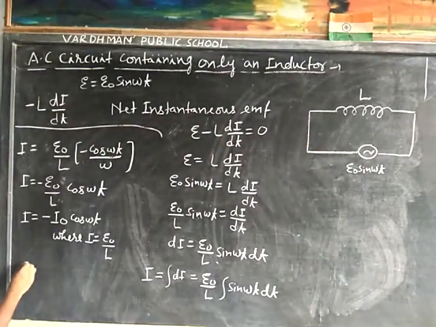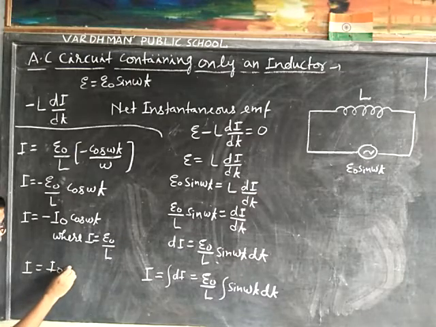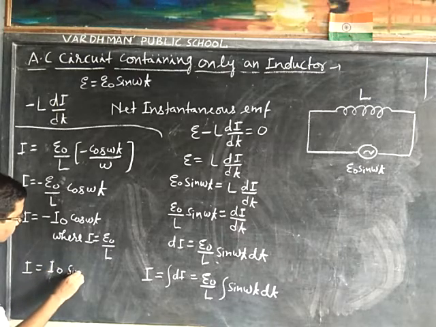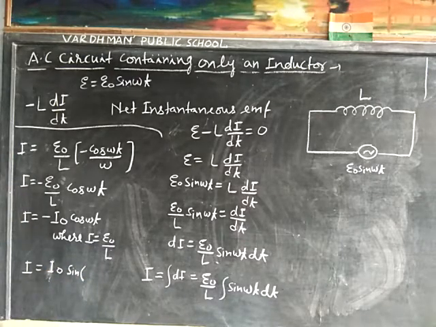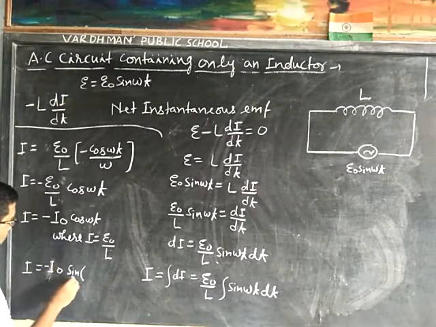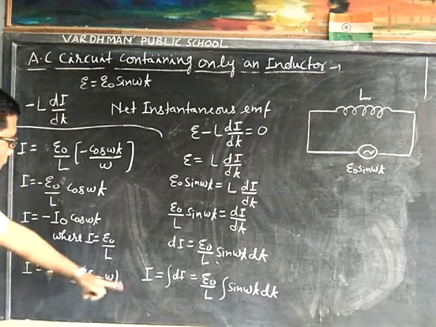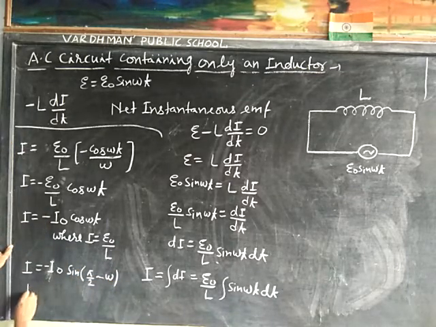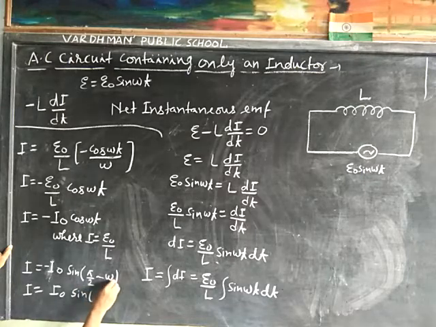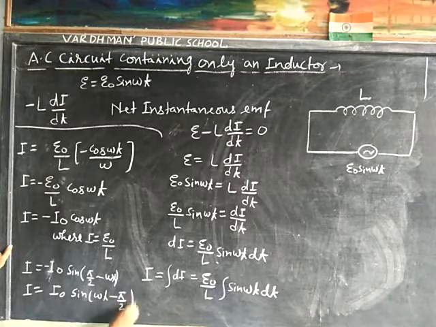This can also be written as I is equal to I0 sin pi by 2 minus omega t. Since sin of pi by 2 minus theta is equal to minus sin theta, that is, I is equal to I0 sin omega t minus pi by 2.